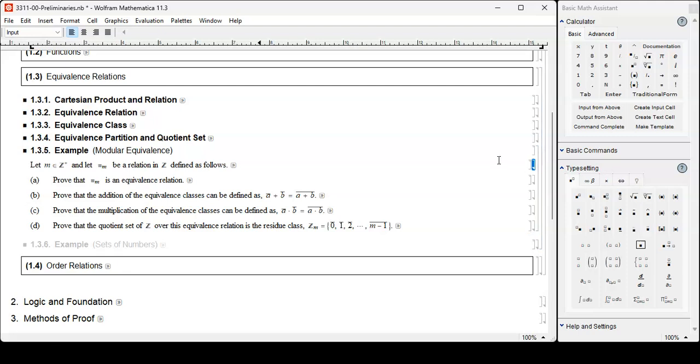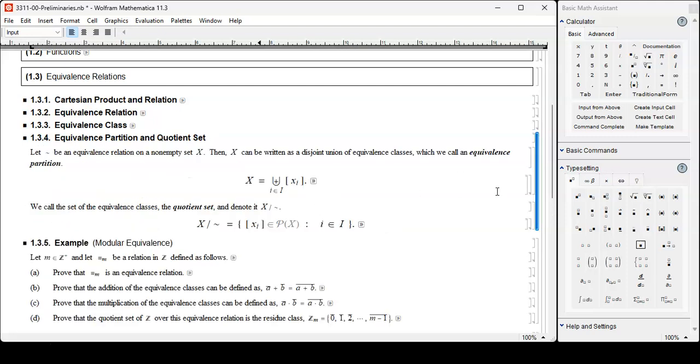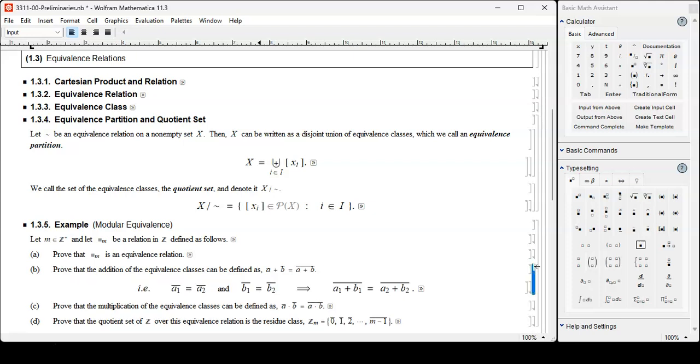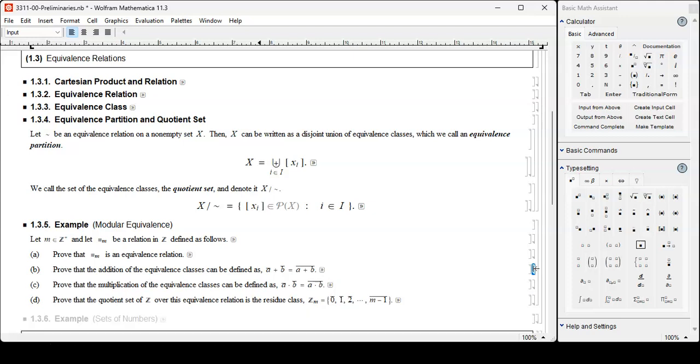Oh, by the way, for the notation of equivalence classes, most of the time we use this bracket notation, but in some cases, traditionally, we use some other notation. In this case, for the equivalence modulo M class, we use bar notation for the equivalence class.